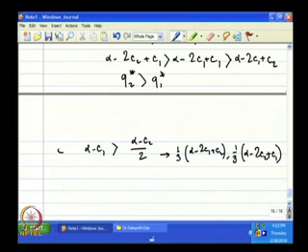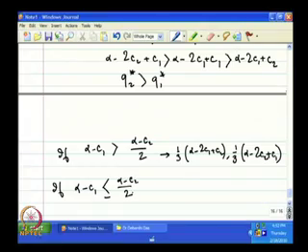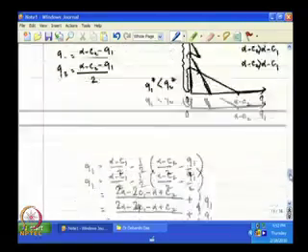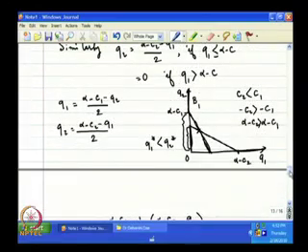If alpha minus C 1 is less than or equal to alpha minus C 2 divided by 2, then what is the equilibrium? Then we are going to have a corner solution here, so it is going to look like this.